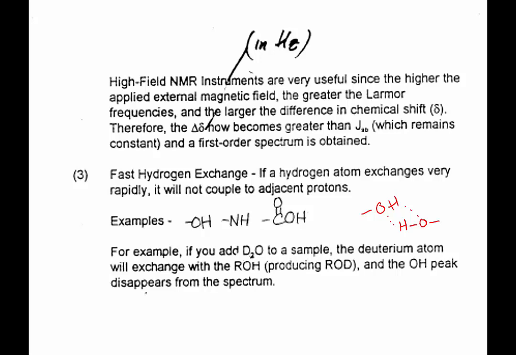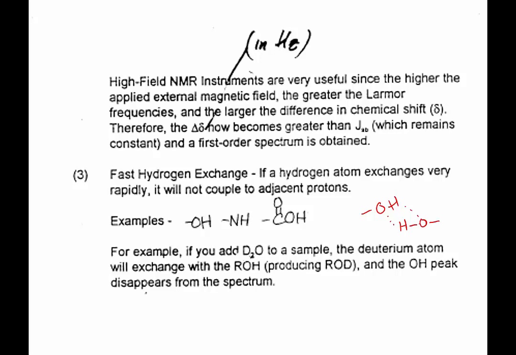So a lot of times we don't see OH or NH or carboxylic acids in the spectrum because they're exchanging very rapidly. And when you do see a peak and you say, well, maybe that is an OH, what you do is you add a drop of D2O to the sample.